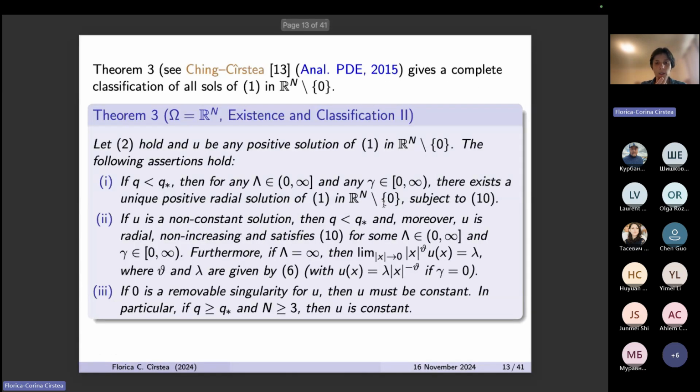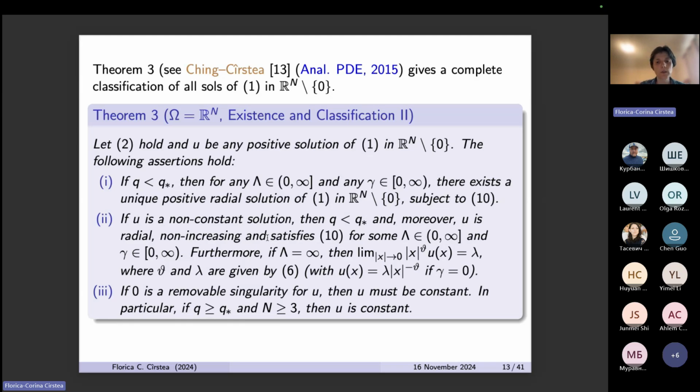And if u is a non-constant solution, then q must be less than q star. We remember that any non-negative constant is a solution by default. But if you have a non-constant solution, you immediately must conclude that q has to be subcritical.